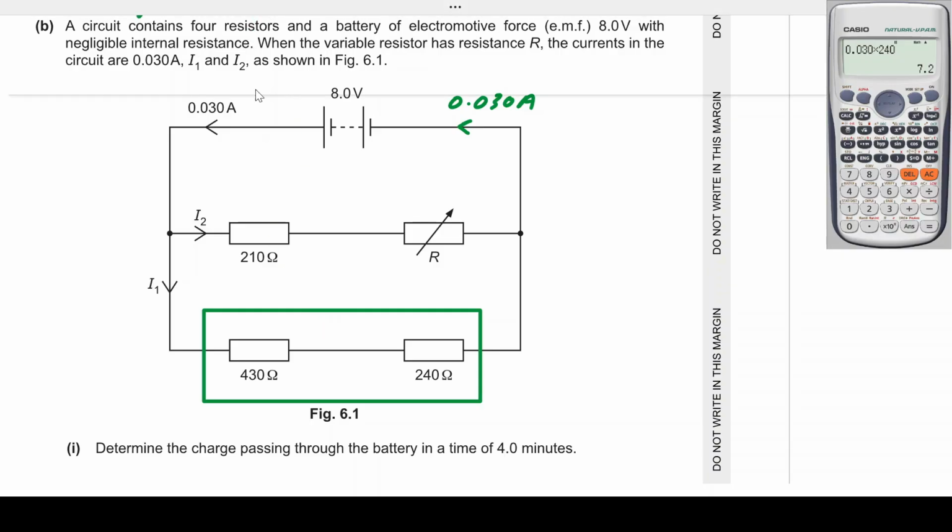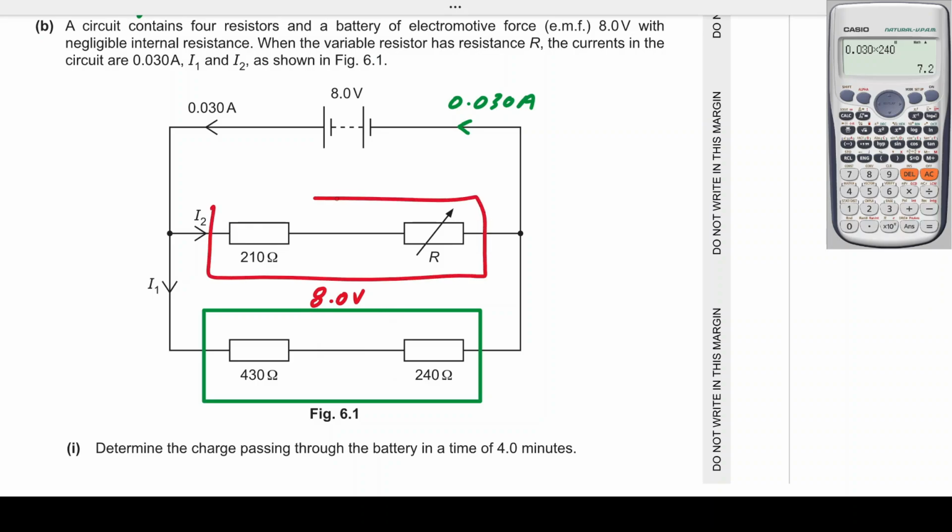So 8 volts across the second branch and 8 volts across the first one, because these two branches are connected in parallel. If there were a third branch, 8 volts across that one. If there were a fourth branch, 8 volts across them.